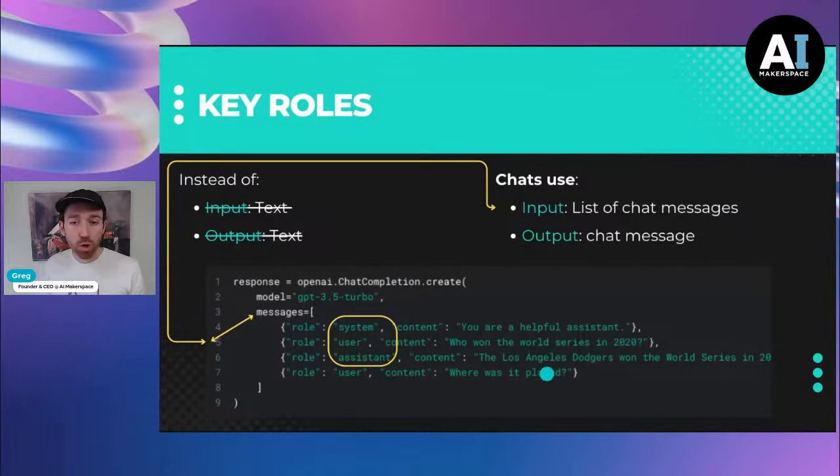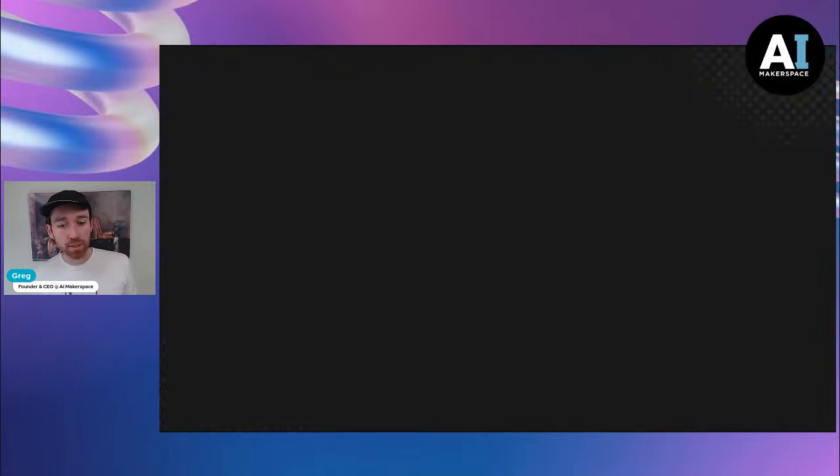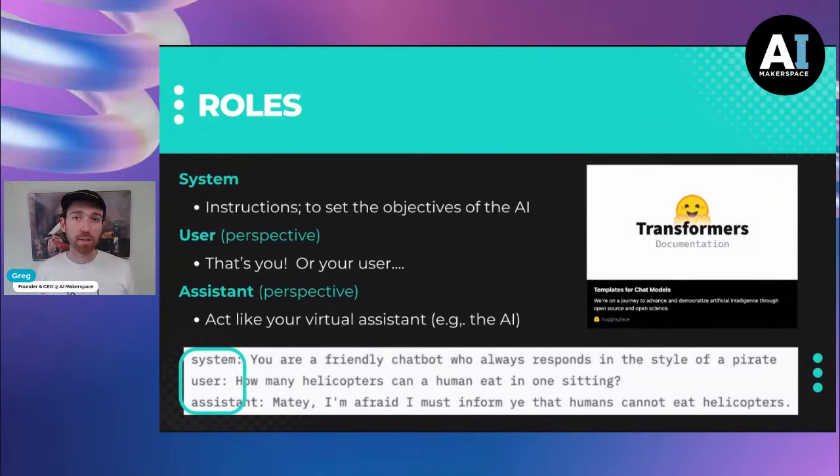So these roles are true in OpenAI as they're true in many of the chat models that you would pick up off of Hugging Face, including Mistral. So the system user assistant schema for actually inputting information into a chat model doesn't go away.